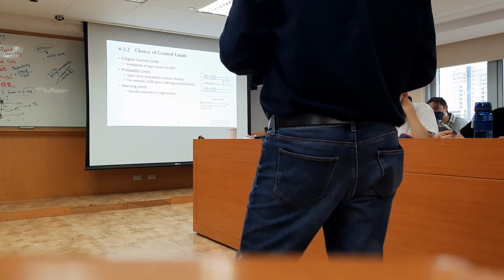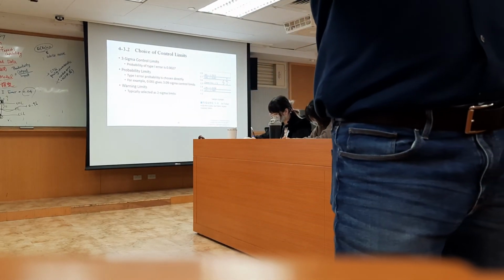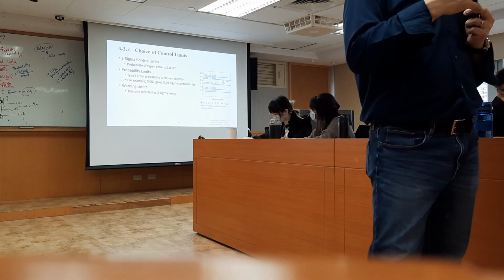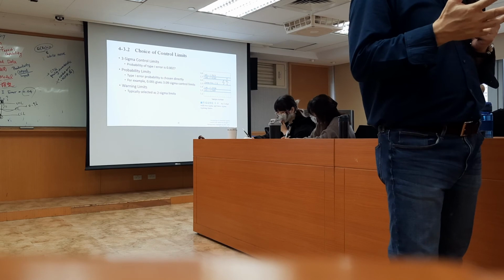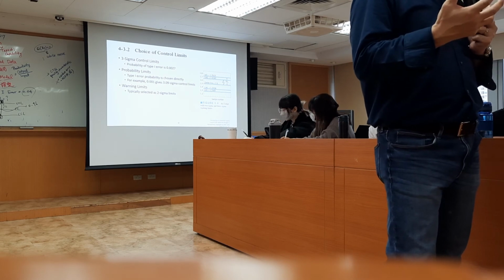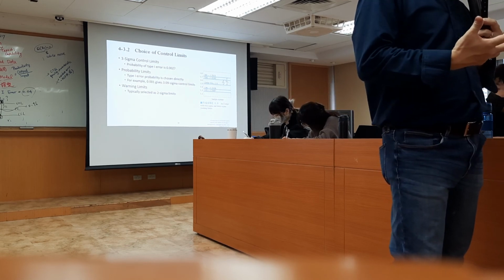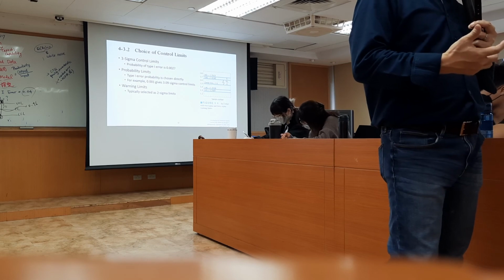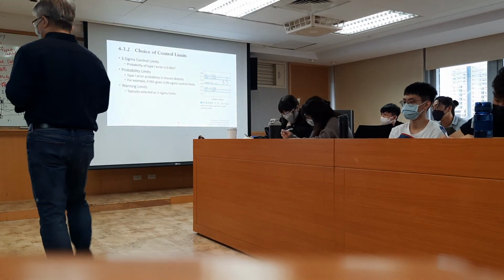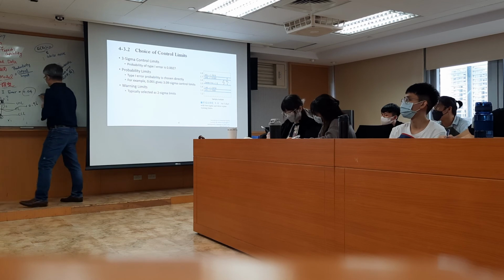Then one more important message before I let you go. The last one is called the warning limit. Before the process really goes out of control, we don't want it to happen very frequently. We typically wish we could give a warning before the bad thing really happens. So the warning limit is typically set at 2 standard deviations.